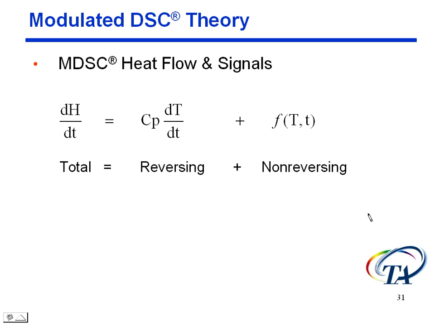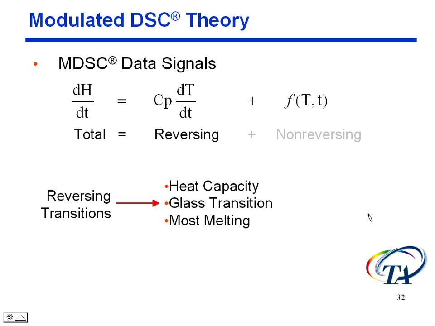Okay, so here's our basic modulated DSC heat flows and signals, right? Total, reversing, and non-reversing. Let's look and see what type of transitions go into each one. Let's first look at reversing. Now, what did I say reversing was? Heat capacity component, right? So guess what? One of the first things we're going to see there is our heat capacity. Kind of makes sense.